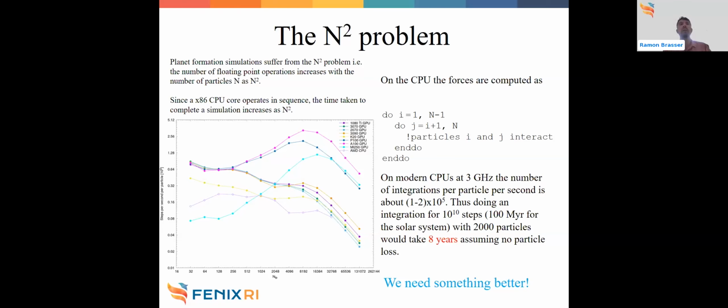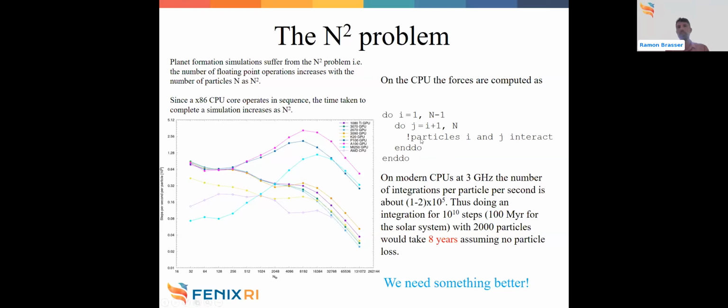So on a regular CPU, the core operations are in sequence. So the time to complete the simulation increases as n squared, because you have to do a double loop. You have to go from one particle and then for all the other particles, the next particle, all the remaining particles, the third particle, all the remaining particles after that.